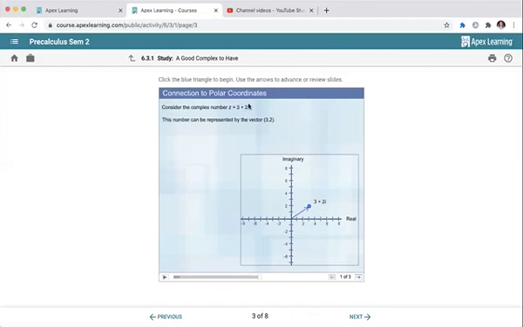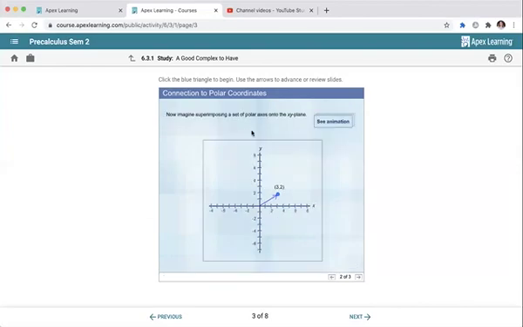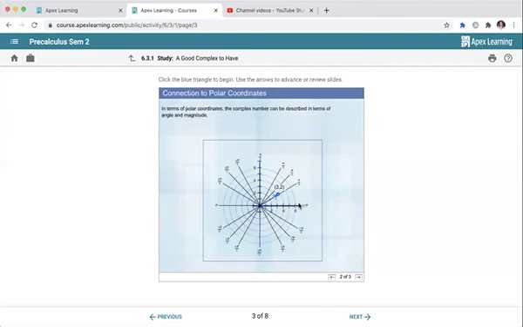And we mentioned this in the beginning, but we can represent our real part as our X part and our imaginary part as our Y. So when we have 3 plus 2I, we go to the vector 3, 2, because real is X, imaginary is Y. Now, if we take this and superimpose a set of polar axes, we just turned it from our XY graph that we're used to into a polar graph.